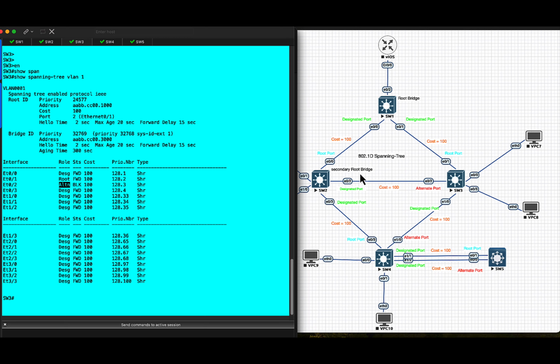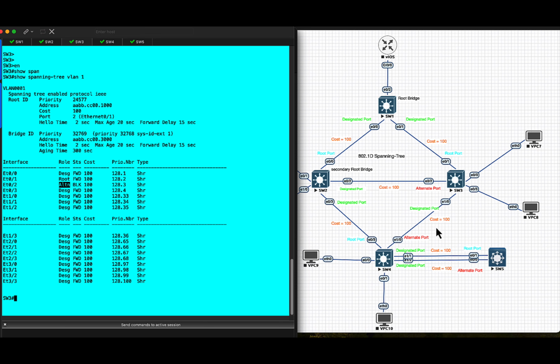So that is the selection process of designated port and alternate port between the switches, the links that connect between those switches. Same thing over here, right? So you have switch 4 versus switch 3.